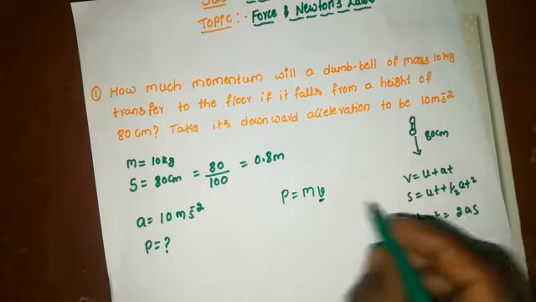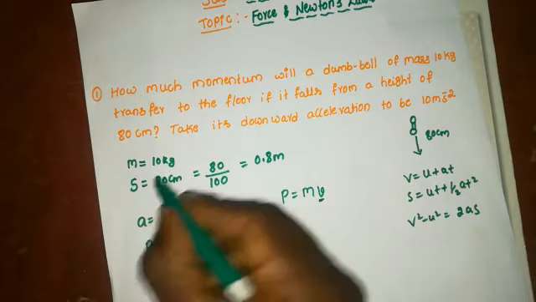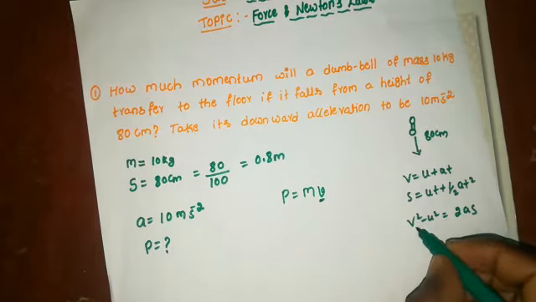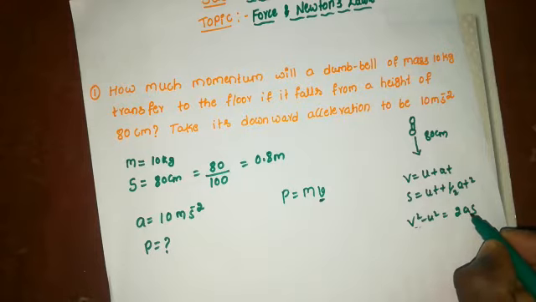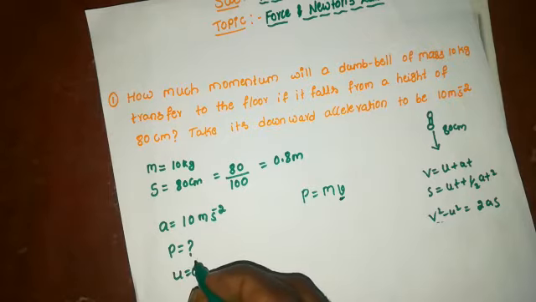Here we have the distance and the acceleration, so we use the relation v square minus u square is equal to 2as. The initial velocity is 0 because the dumbbell falls down.